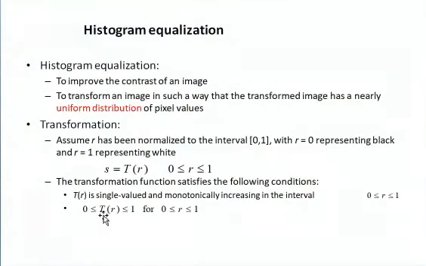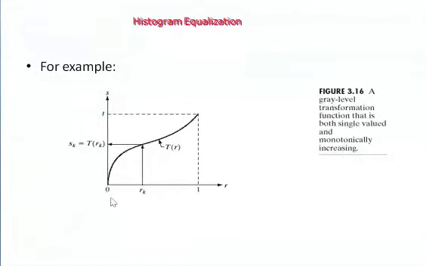R range is 0 to 1, and of course S range is also 0 to 1. Here 0 to 1 means we have normalized the values: 0 to 255 values are normalized into 0 to 1. Now, this is monotonically increasing.